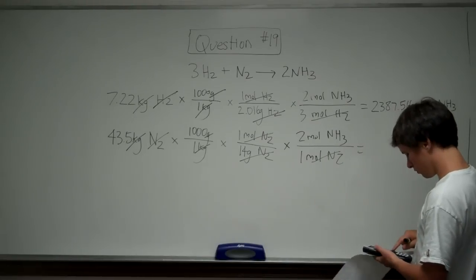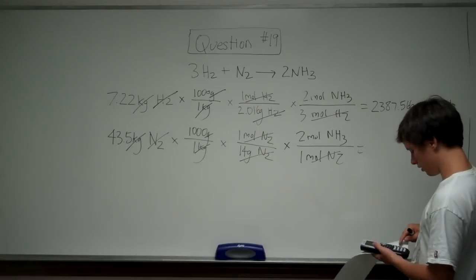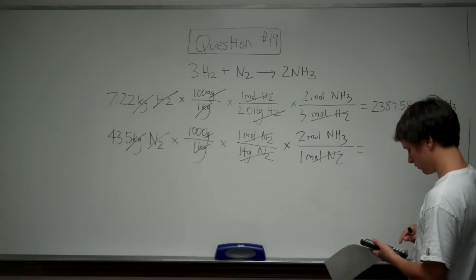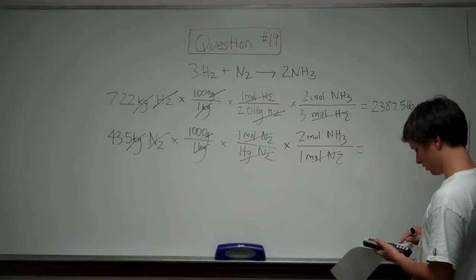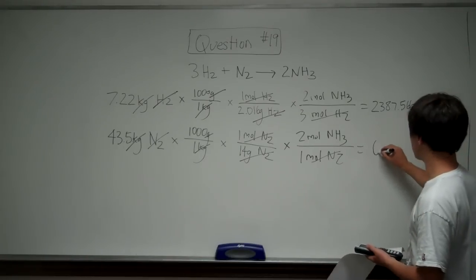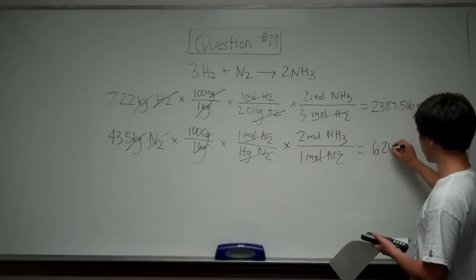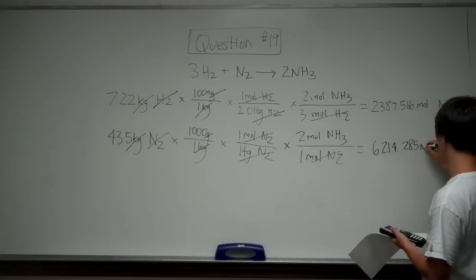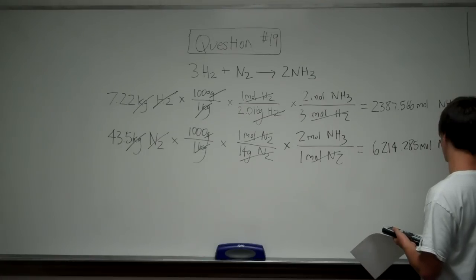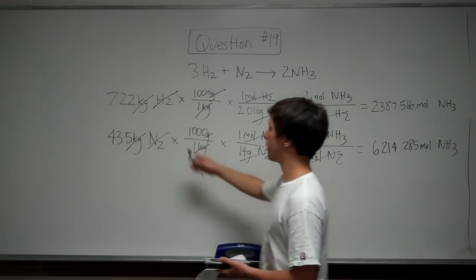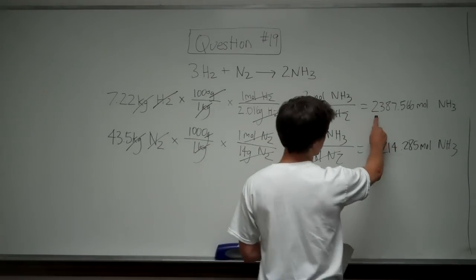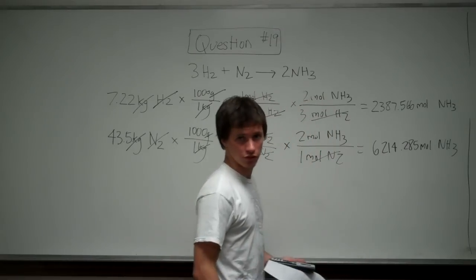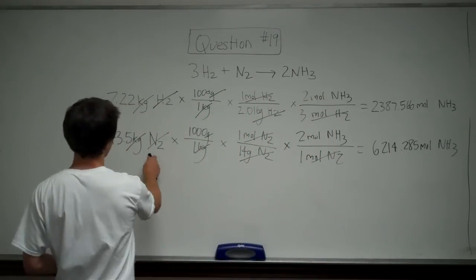This gives you 43.5 times 1,000 divided by 14 times 2, which gives you 6,214.285 moles of ammonia.